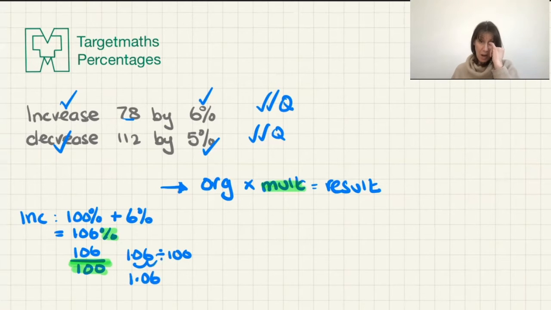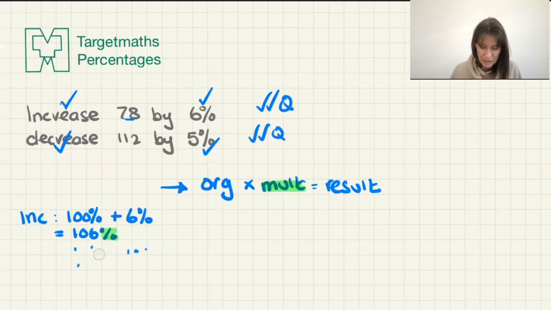So that's how I get to my decimal answer. I'm hopefully not needing to do as much work as that. That is the maths that's kind of going on. But really what I would be doing is I would write my 100, write my 6, get my 106, and then I would go straight to 1.06. I know to just come in 2 places. Okay.